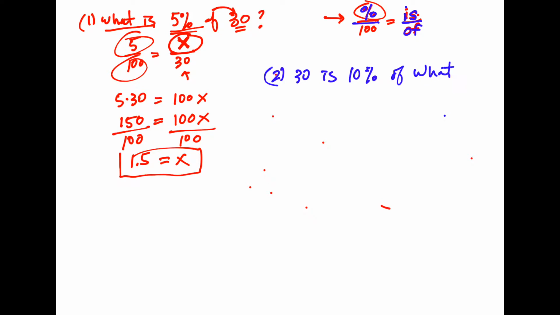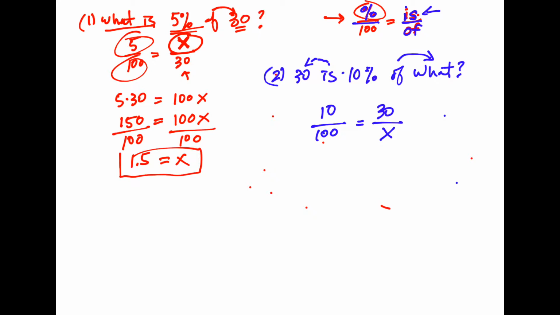So here we've switched up the of, or the part that's missing. So notice what's given to us here is the 30. 30 is. So is is in the top part of the fraction. So in my blank over 100 equals blank over blank, I know 30 goes up here. And 10 is my percentage, so that goes over the 100. And what we want to know is of what? So the unknown here is the of.